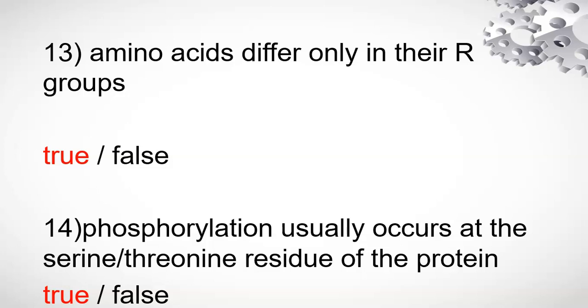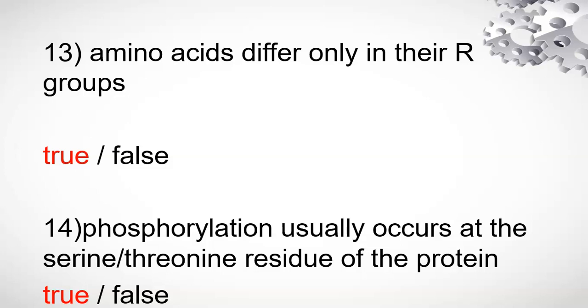Sometimes they might ask you phosphorylation usually occurs at which, and they will give you serine as an option, threonine as an option, tyrosine as an option. So in that case, the three of them are correct. But it is usually predominantly at the tyrosine residue, because we have the serine kinases, we have the threonine kinases, we have the tyrosine kinases.